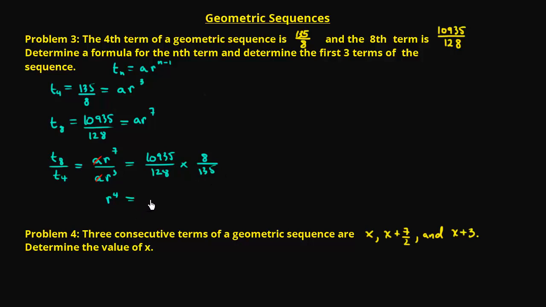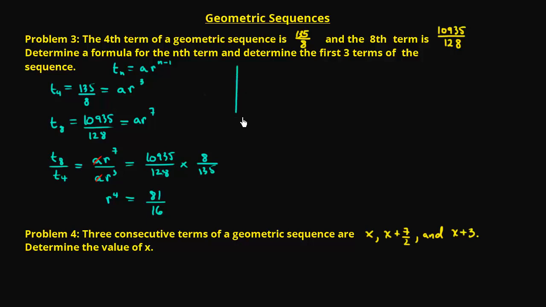So we have that r to the power of 4 is equal to, let's see if we can do some dividing. 10,935 divided by 135 is equivalent to 81. And 8 goes into 128 16 times. So we get that r to the power of 4 is equal to 81 over 16.